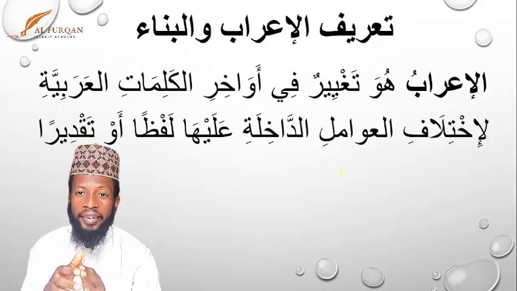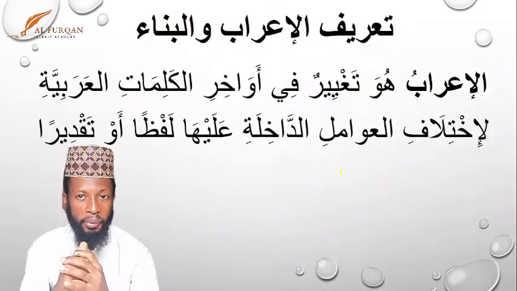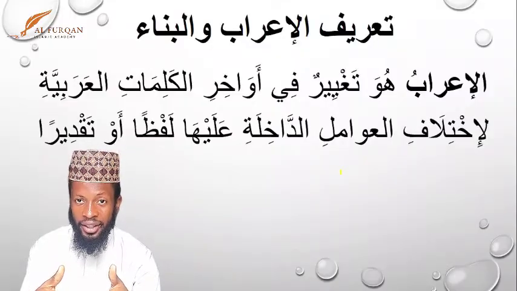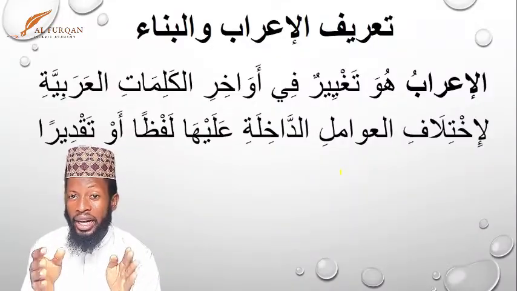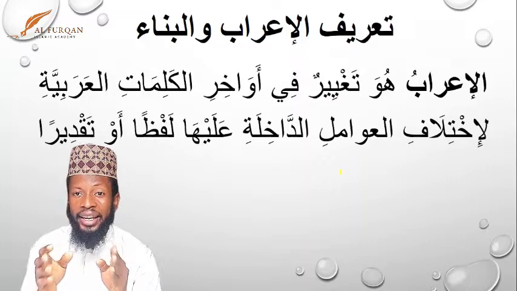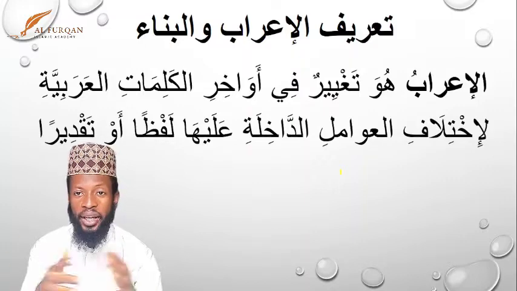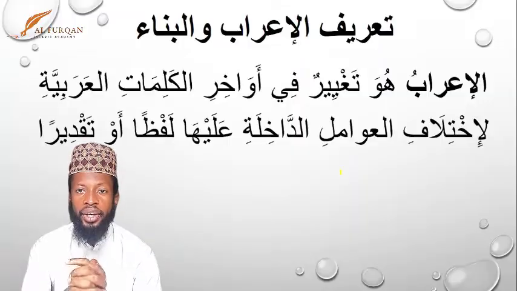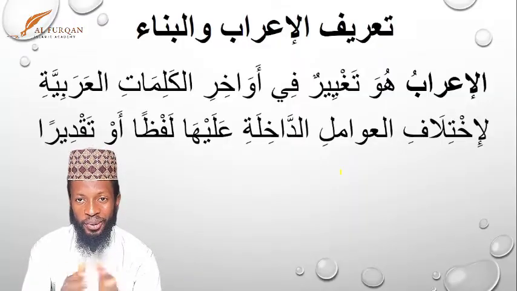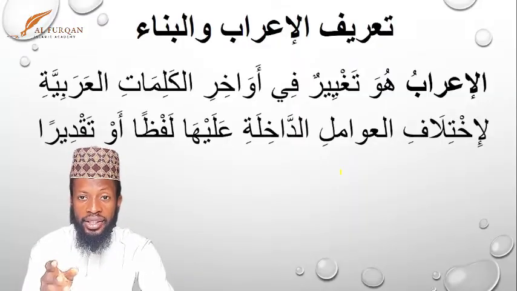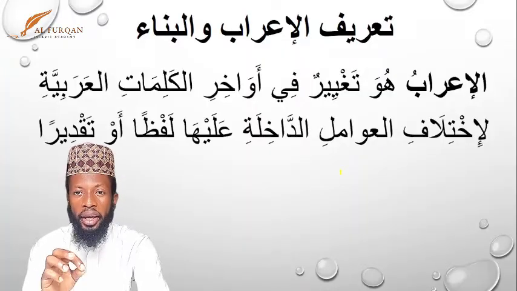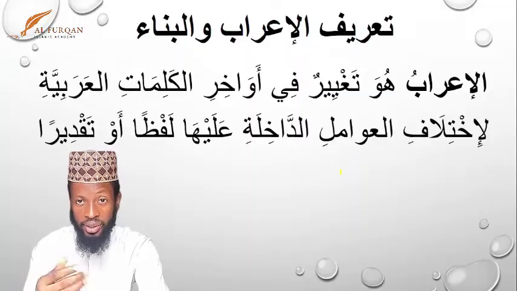Now, what if an amil enters upon Muhammad and starts acting upon it, an agent? لاختلاف العوامل الداخلة عليها. So we bring an amil, an agent that can act on Muhammad, and we say Inna Muhammadan Rasulullah. Indeed, Muhammad is the messenger of Allah, sallallahu alaihi wasallam. Now, in this case, Muhammad has changed. So this is what we mean.